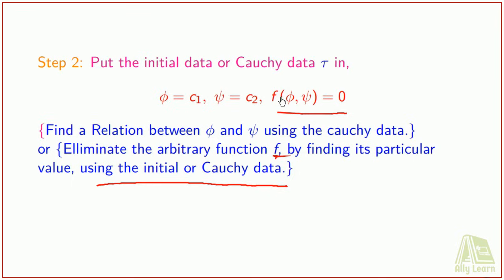But because that will involve some complex calculations, so we will be considering this expression only. We will be putting the Cauchy data over here to find a relation between C1 and C2, and that relation will also connect phi and psi, and that will be our solution to the Cauchy problem. So friends, now let's move on to a question and apply this method.